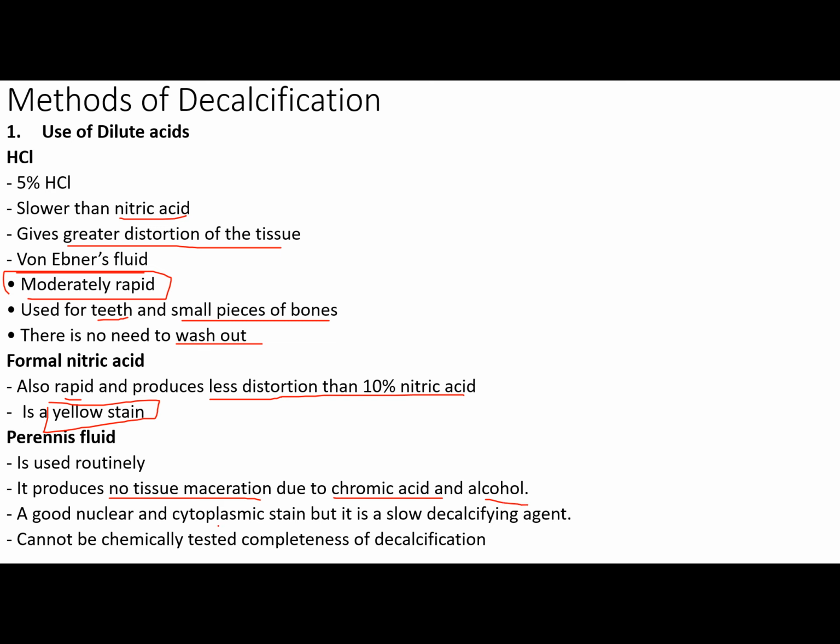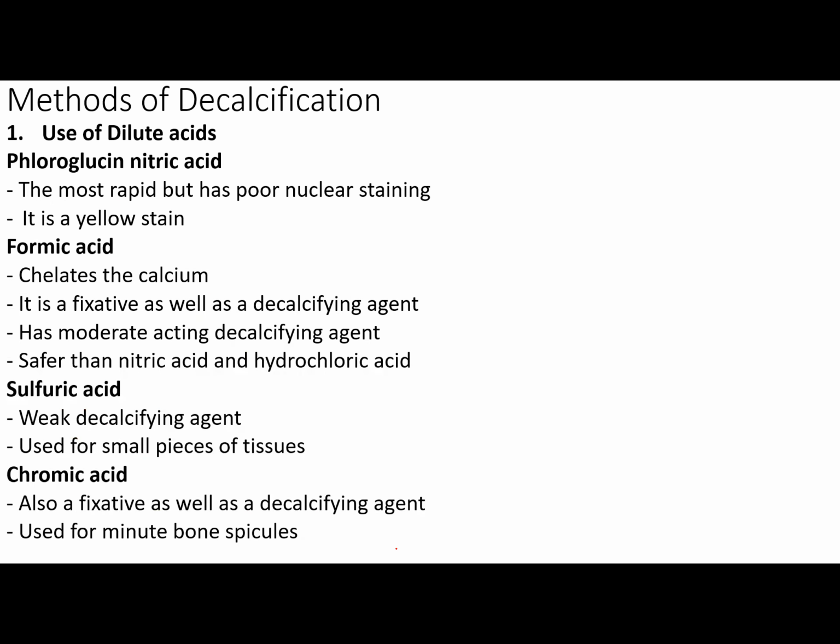This is a good nuclear and cytoplasmic stain, but it is a slow decalcifying agent. Cannot be chemically tested for completeness of decalcification. So, hindi mo pwedeng i-verify yung completeness ng decalcification. Then another one is your phloroglucin nitric acid, the most rapid but has poor nuclear staining. Also produces a yellow stain.